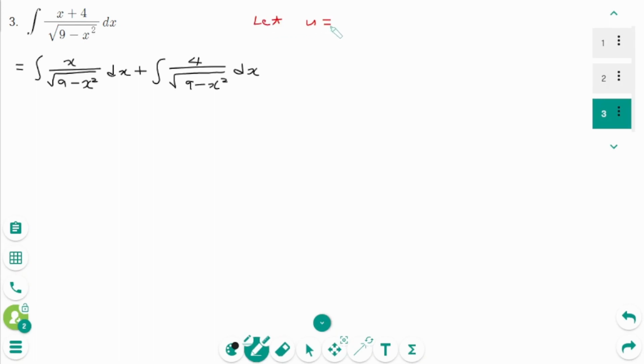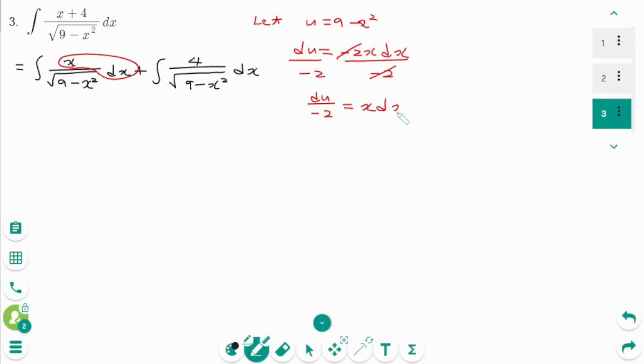Let u equal 9 minus x squared, then du equals minus 2x dx. There is only x dx, so divide by minus 2 on each side. Then du over minus 2 equals, minus 2 is cancelled, x dx.